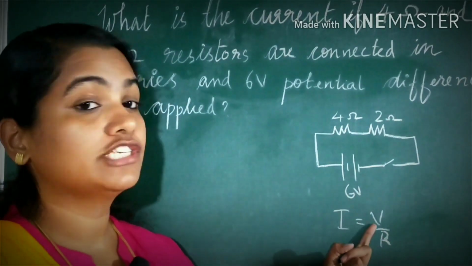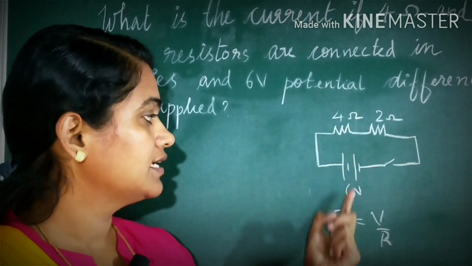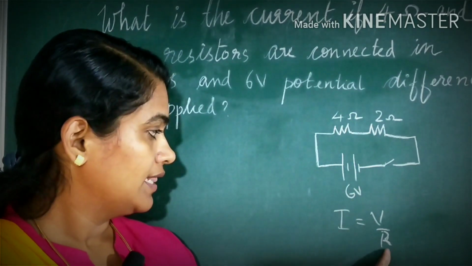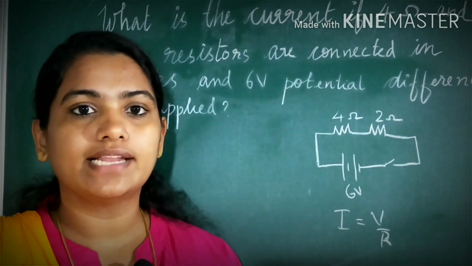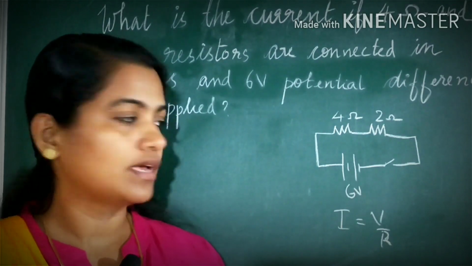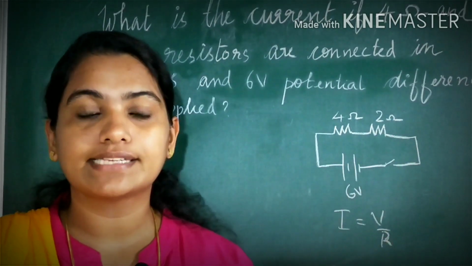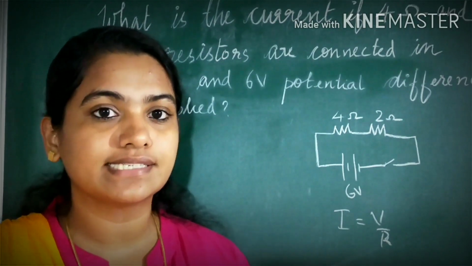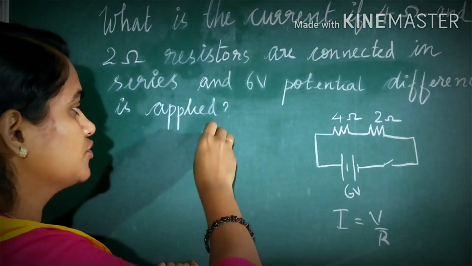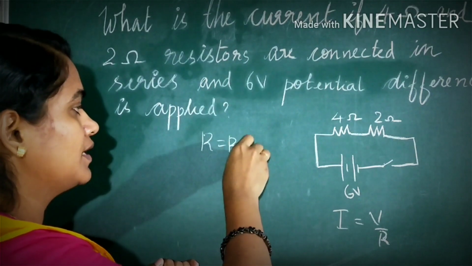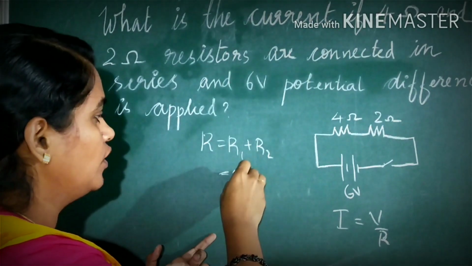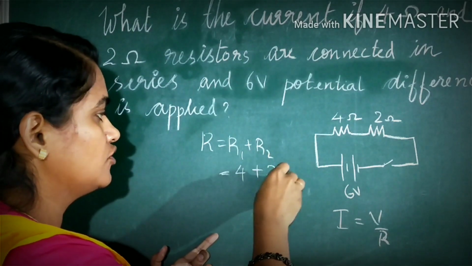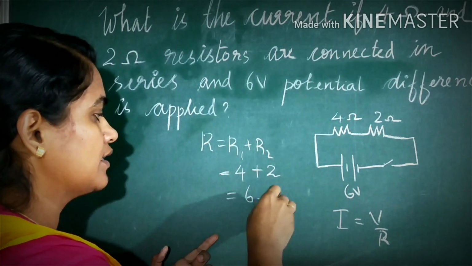We know the potential difference V here, that is 6 volt. Then R is the effective resistance in the circuit, so we have to find it. Since these two resistors are connected in series, R is equal to R1 plus R2, that is 4 ohm plus 2 ohm, that is 6 ohm.